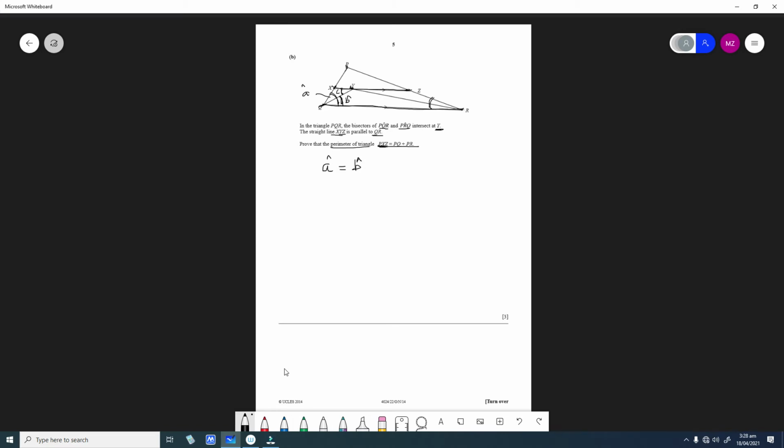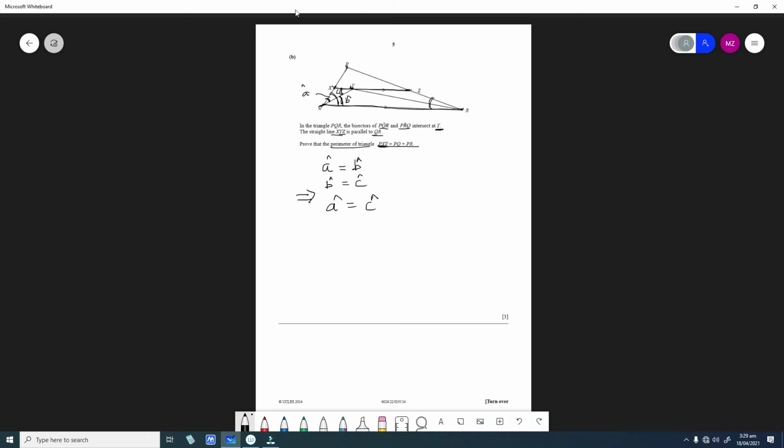So angle B is equal to angle C. So I can write angle B equals angle C. Now, since A is equal to B and B is equal to C, this implies angle A is equal to angle C.